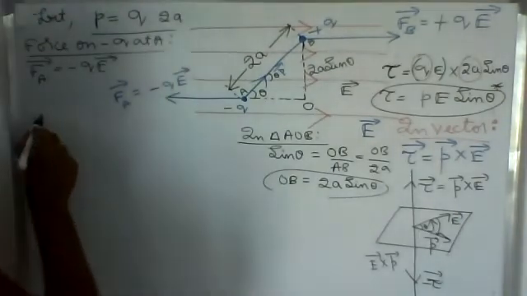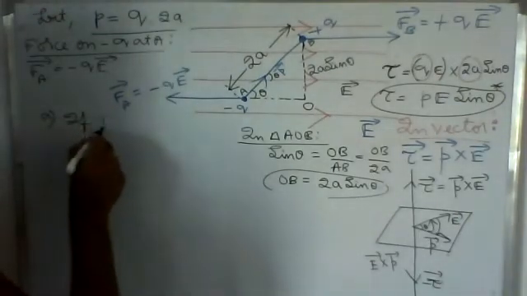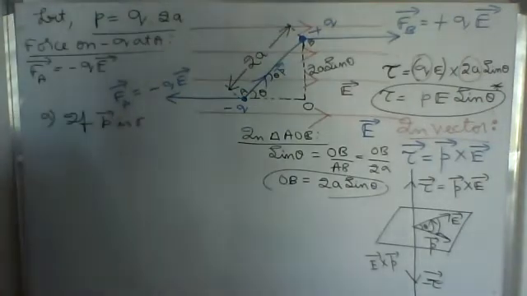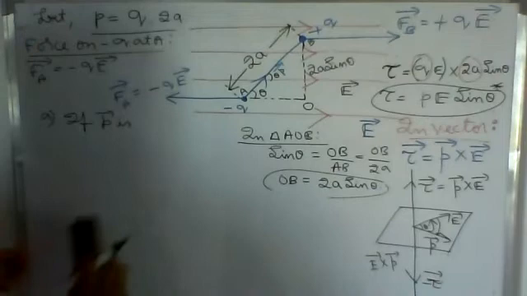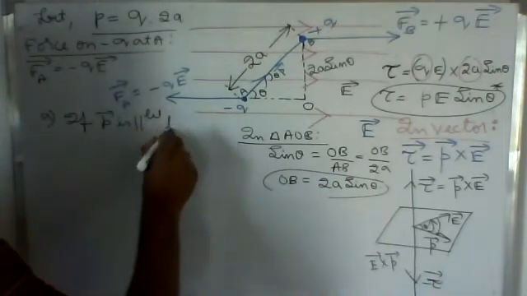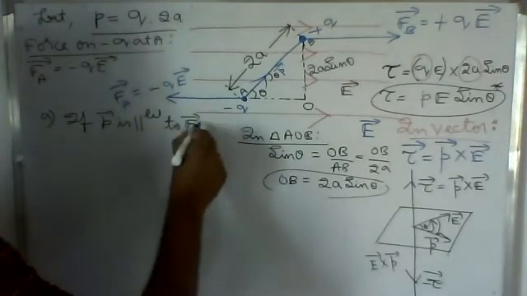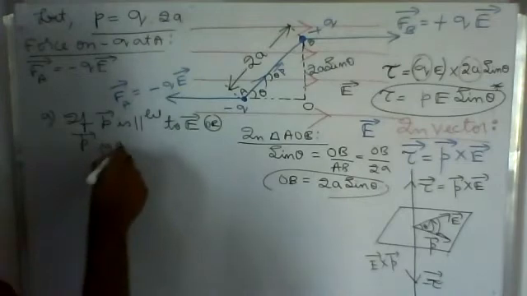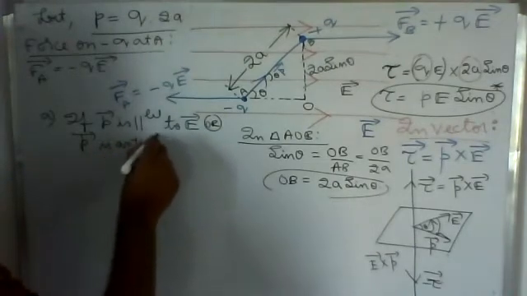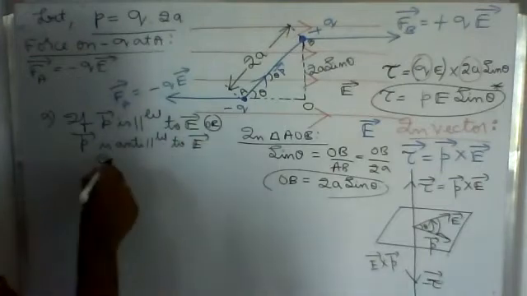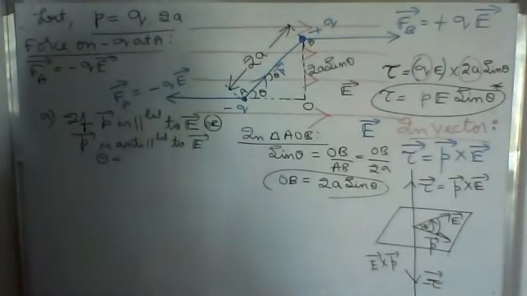The first special case: if P vector is parallel to E vector, or P vector is anti-parallel to E vector.